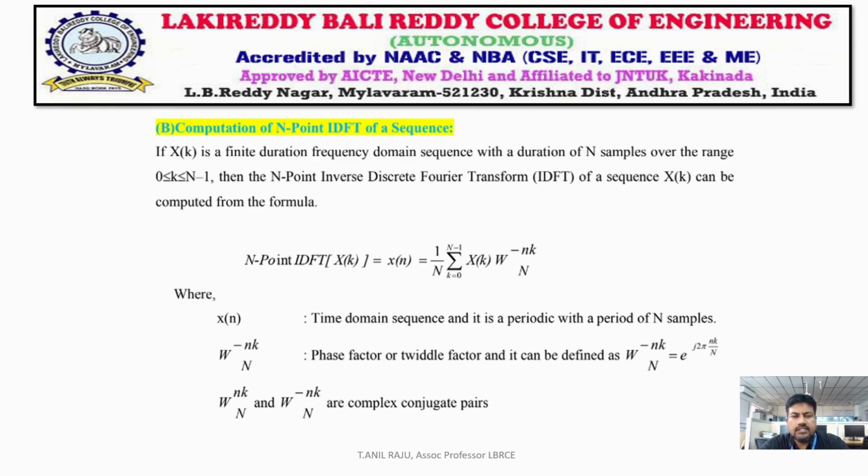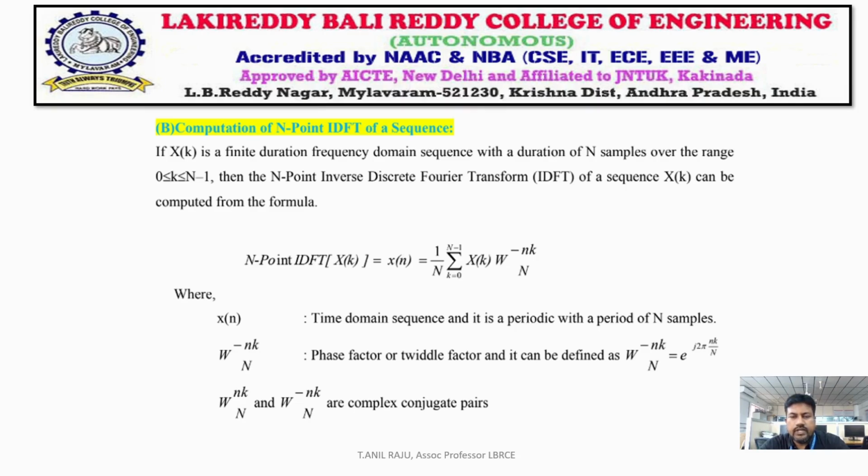Here we can see that the left side is a time domain sequence. This inverse DFT will give the time domain sequence. How do we get it? By multiplying the frequency coefficients, capital X of k, with a twiddle factor, but here the twiddle factor is the conjugate of the DFT value.